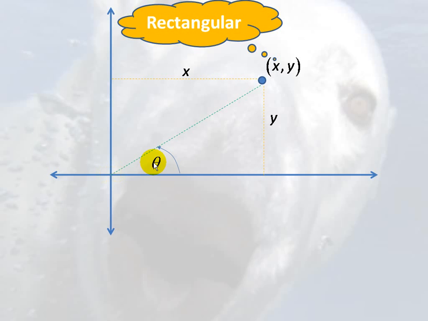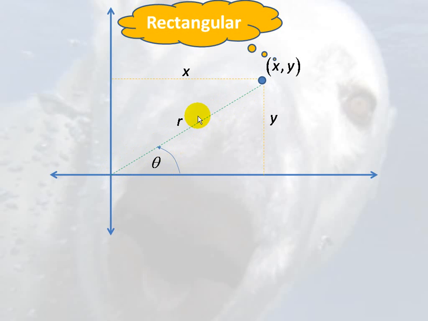If I know the value of that angle, I'm on my way to knowing the location of this point. Because if I know the angle, how much of a rotation there is, all I have left to know is the distance from the origin up to that point. If I know that distance, I've described the location of that point. I know where that point is.